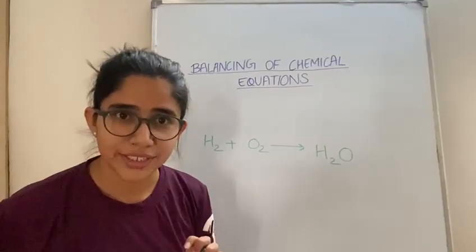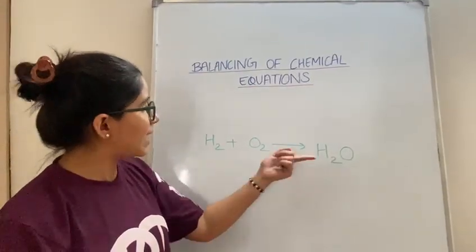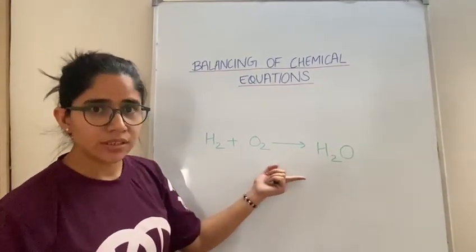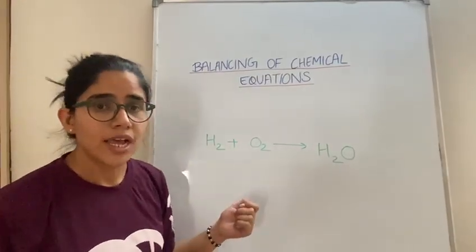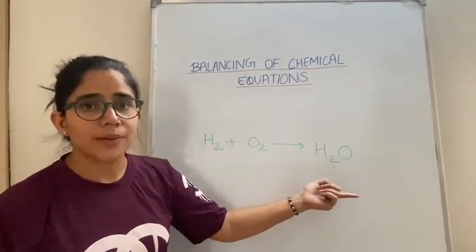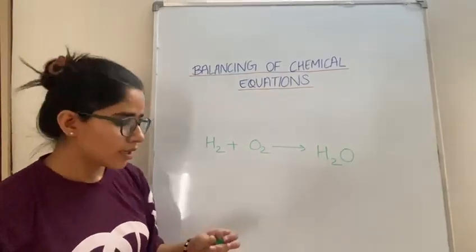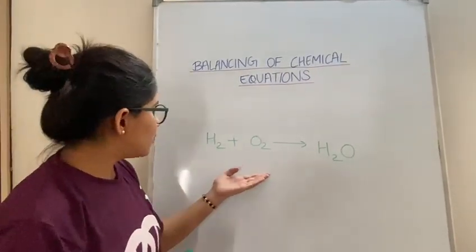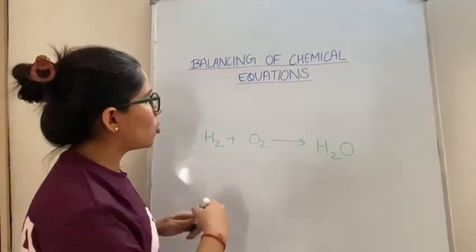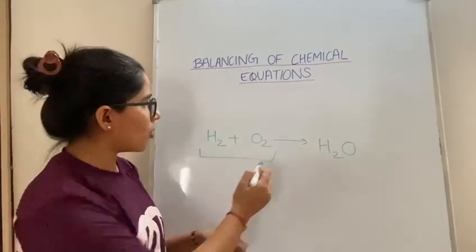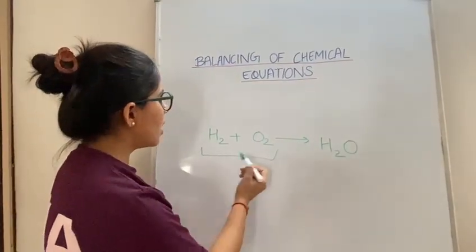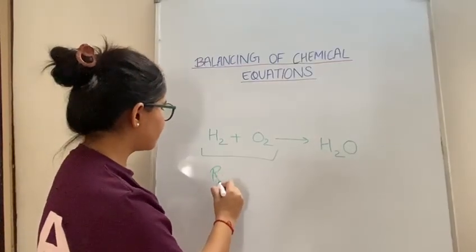Before understanding the balancing of the equation, let us understand a few more terms like reactants and products. Things which are written on the left hand side of this arrow are known as reactants.